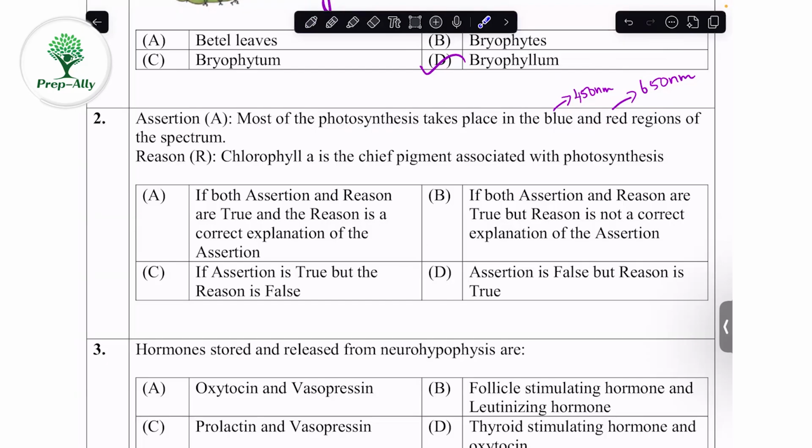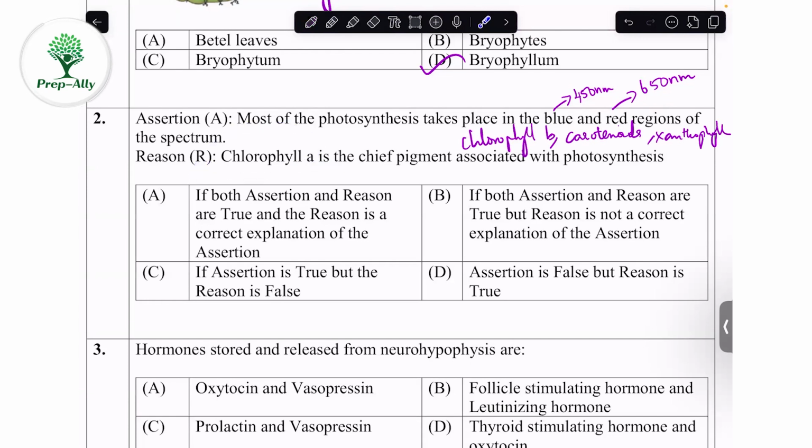Now the reason: chlorophyll A is the chief pigment associated with photosynthesis. There are different pigments like chlorophyll B, carotenoids and xanthophyll, out of which chlorophyll A is the chief pigment.